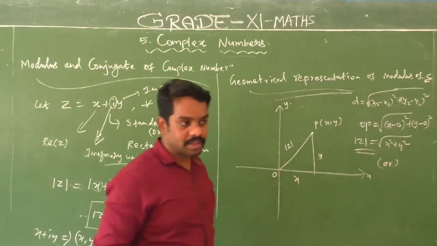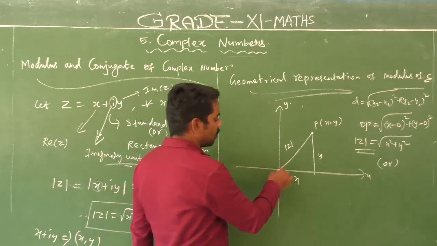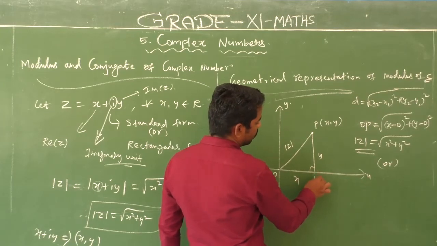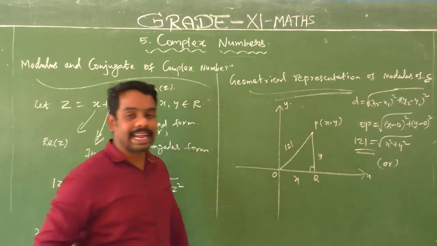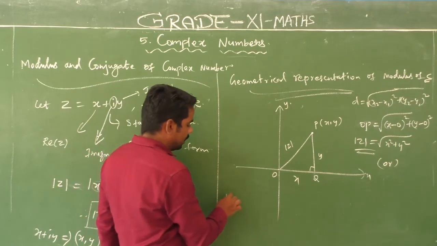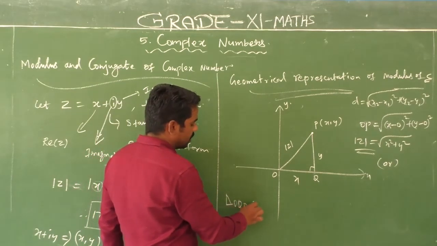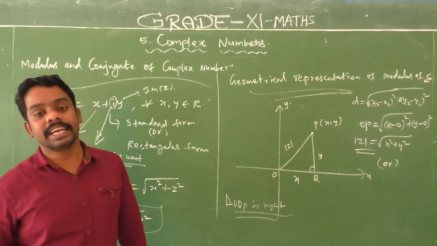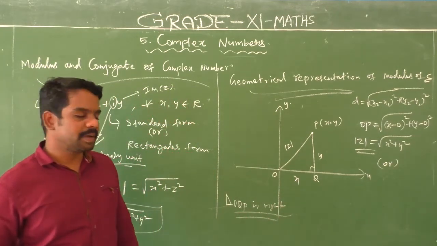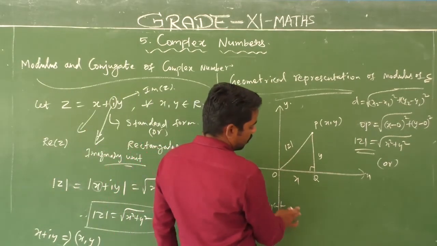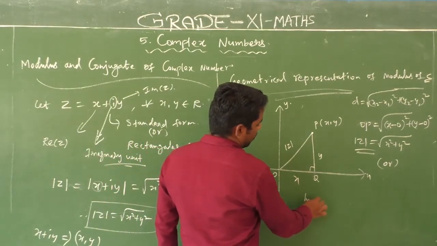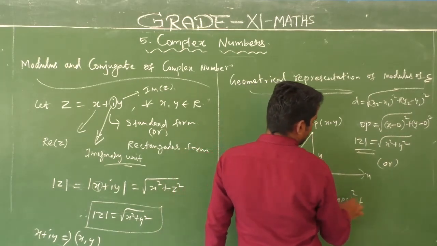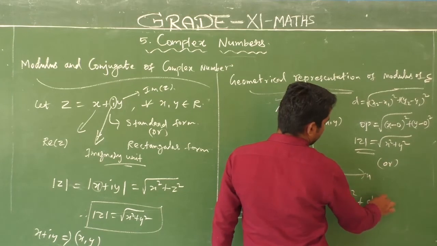Using the Pythagoras formula. Triangle OQP is a right angle triangle. Hypotenuse square is equal to opposite side square plus adjacent side square.